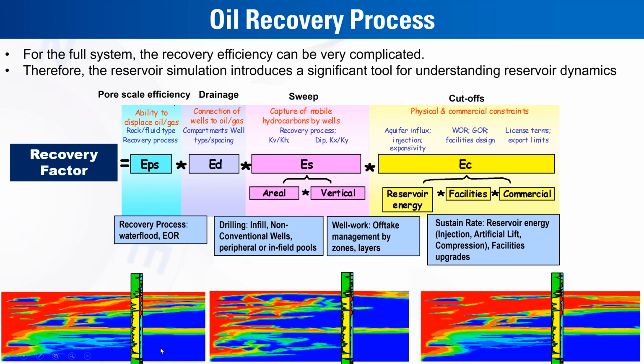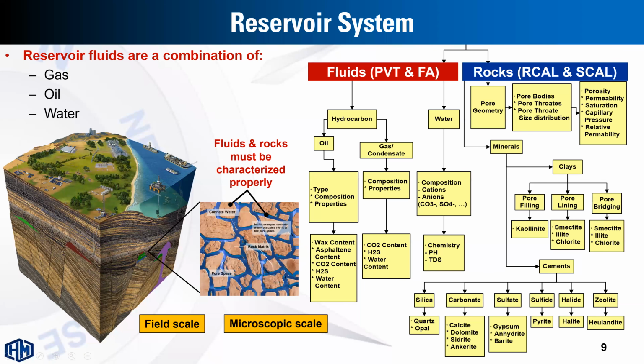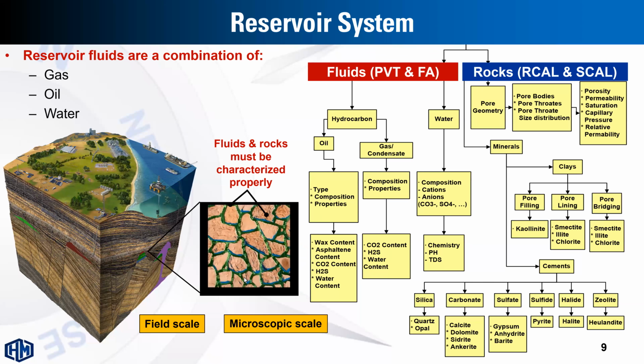So, as you can see, in the reservoir system we have two major elements: the reservoir rock and fluids and their characterization. The fluids are typically flowing throughout the porous medium.